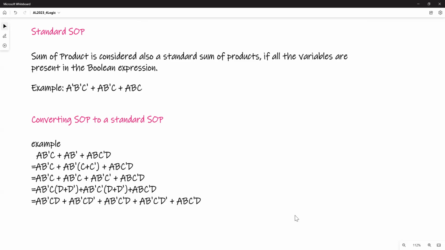It's a standard SOP if all the variables are present in the expression. If not, we can convert them by introducing the variables, because when you take a variable and its complement and add them together, you get 1. That's what we are going to use. Any questions?